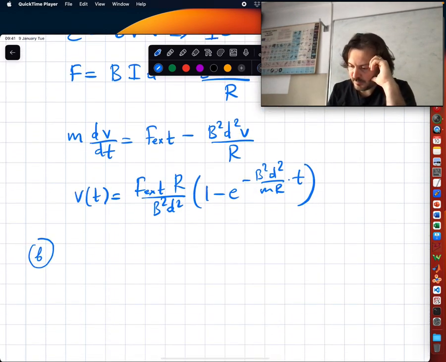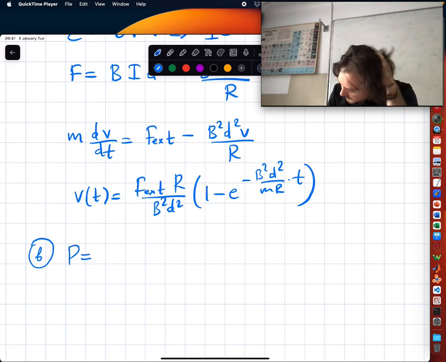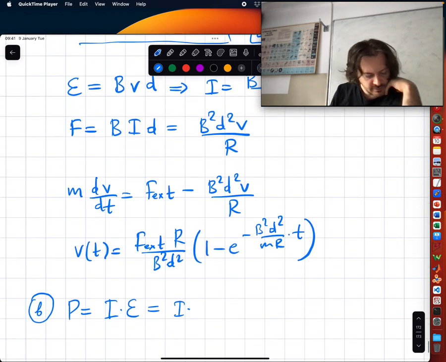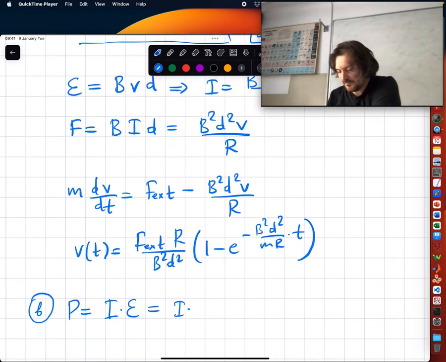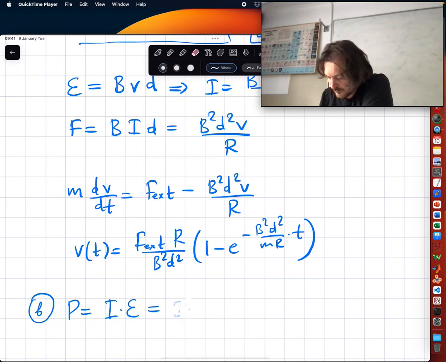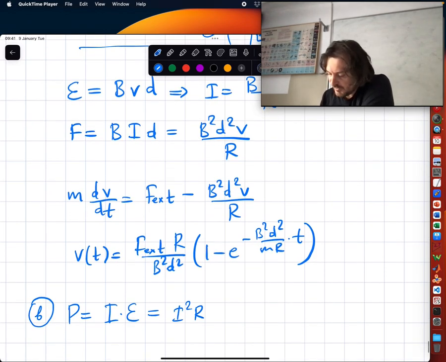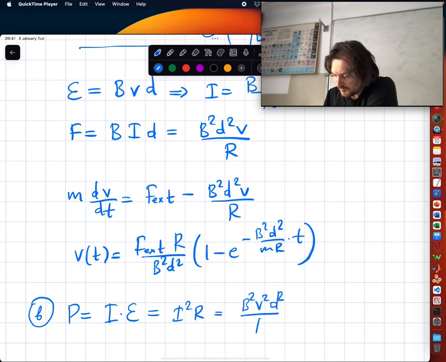So this is part B. Power dissipated is I times V, which I can write just as I squared R, right? Let me go with I squared R, which is B squared V squared D squared over R.